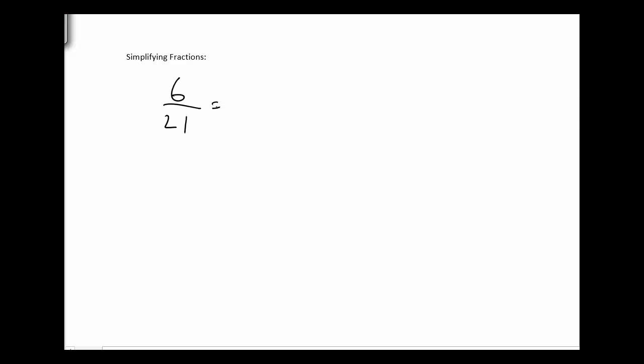We would think about, well, what numbers break up to give us 6? 2 times 3, and 21 would be 7 times 3. And I'd ask, well, what do you notice? They both have 3's in them, so I can divide that out. And that leaves me with 2/7. So what does that mean about 6 over 21 and 2/7? They are equivalent to each other. They have the same area, and one simplifies down or reduces down to another.